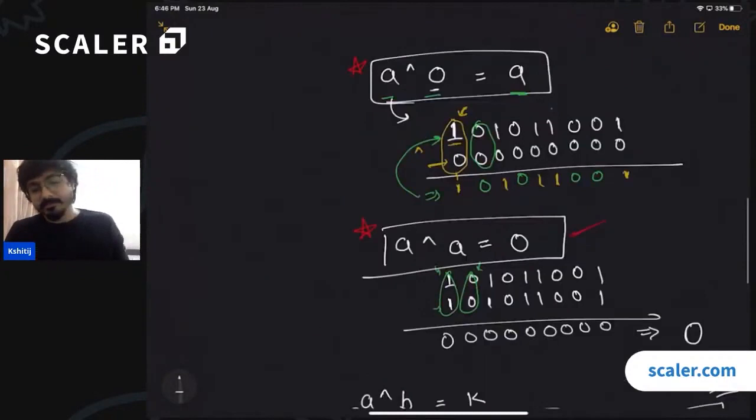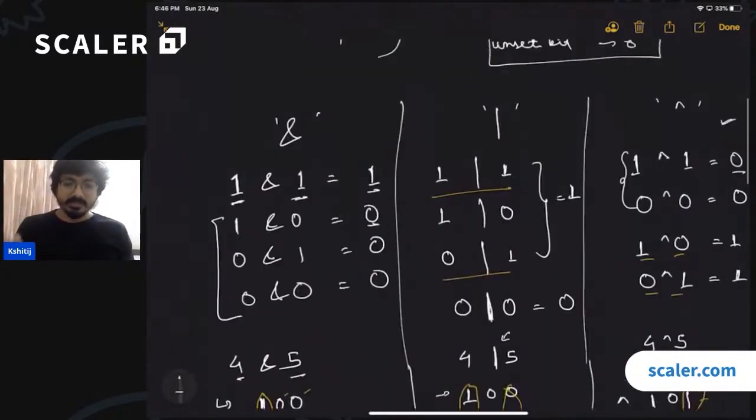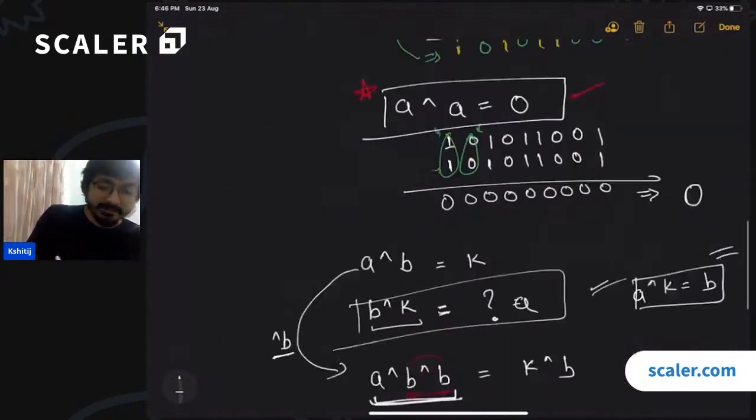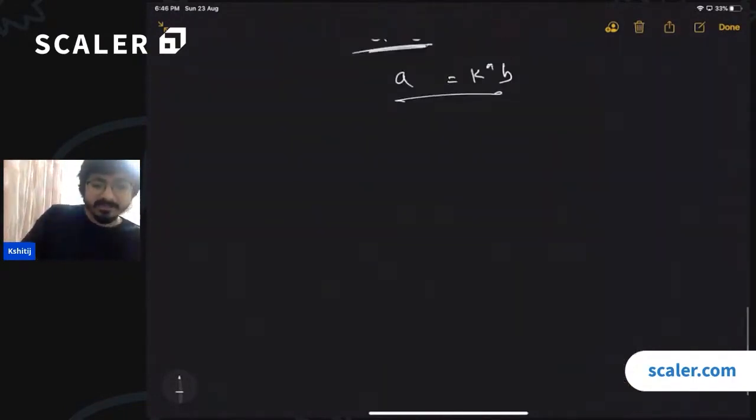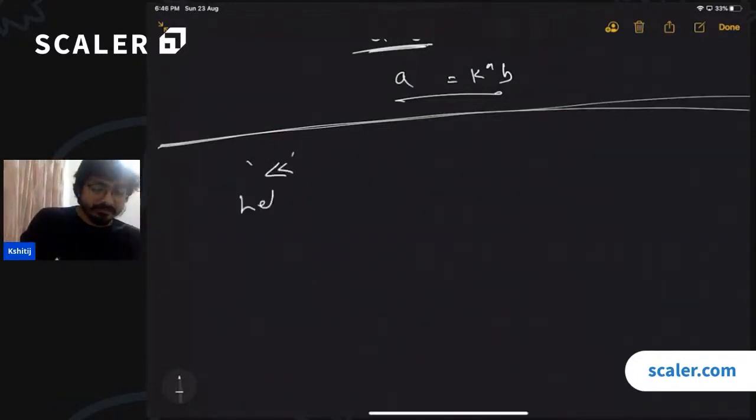Now these are some of the basic bit operators and some interesting facts about them. Now there are two more bit operators which are not that basic, but they are also very interesting. There is an operation which is represented by this sign, and this is called the left shift operator.